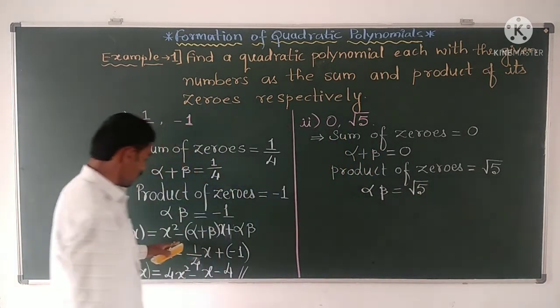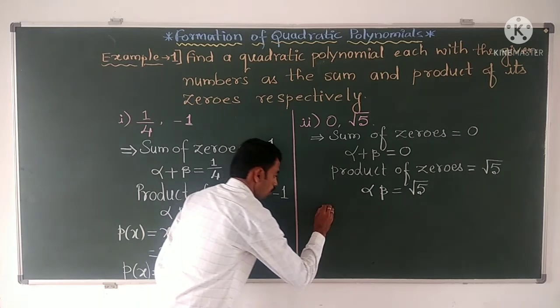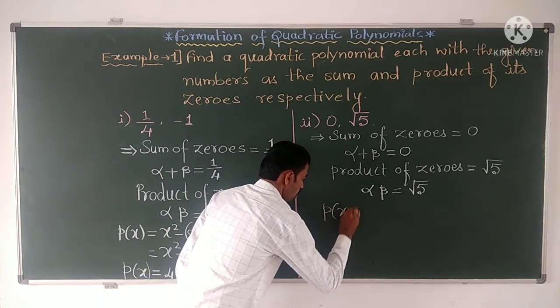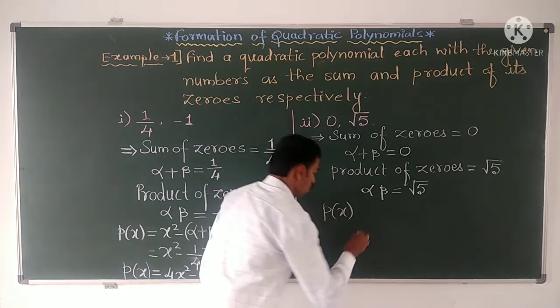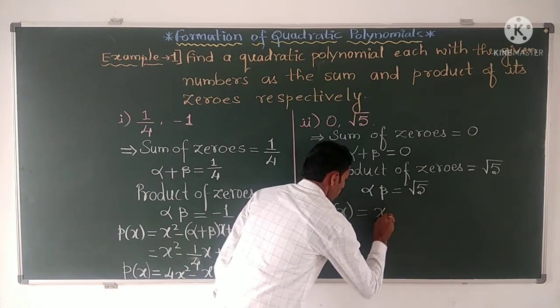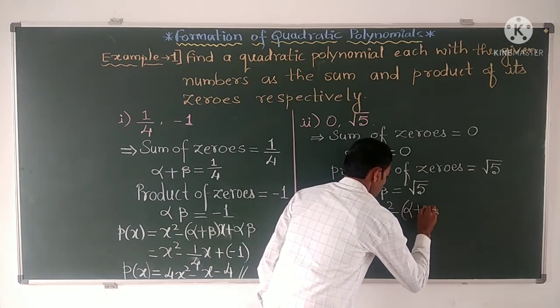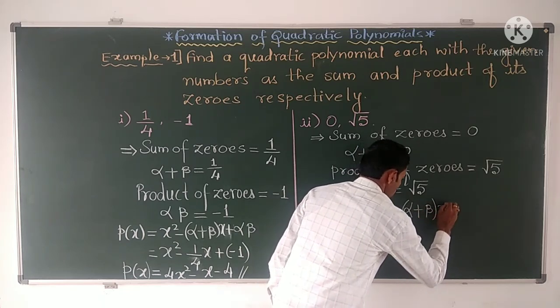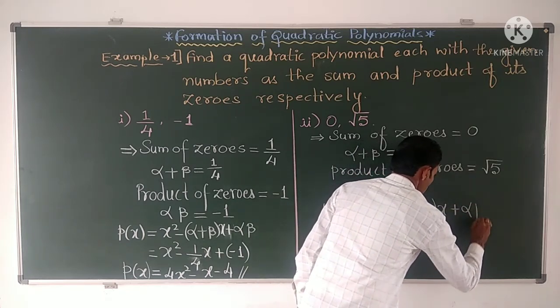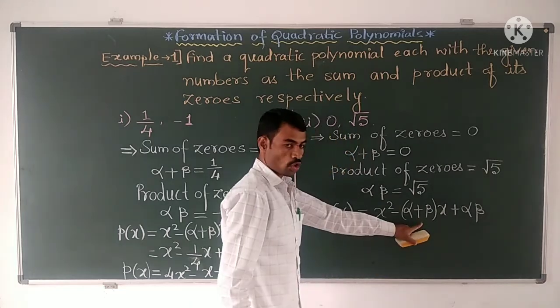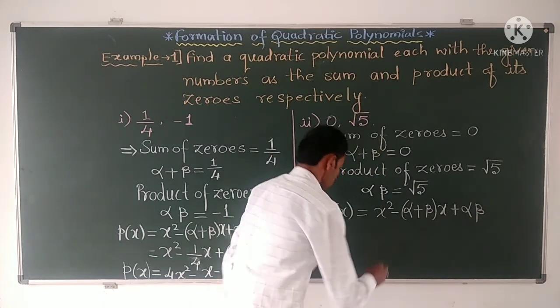Then we have a formula for finding the quadratic polynomial. P of x is equal to x square minus alpha plus beta x plus alpha beta, that is, sum of zeros and product of zeros.